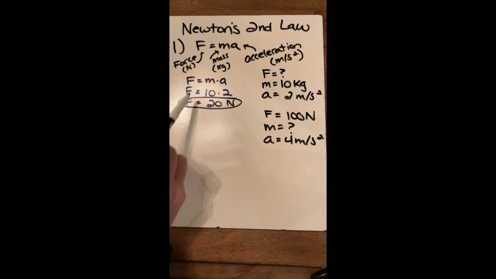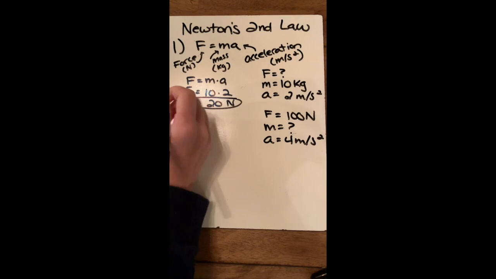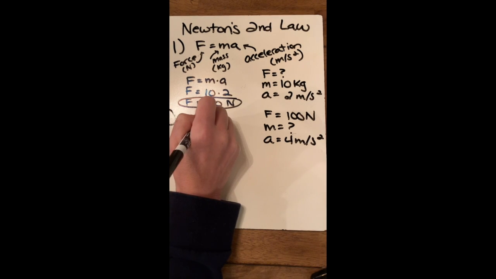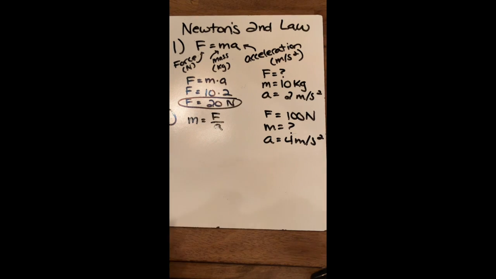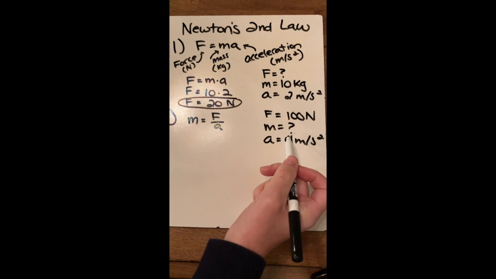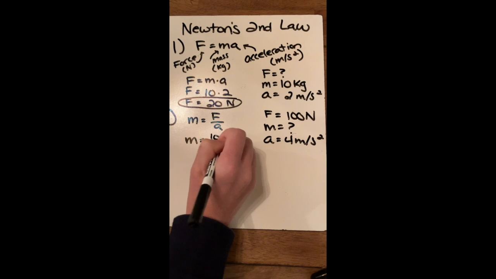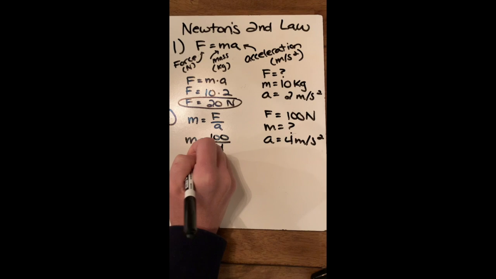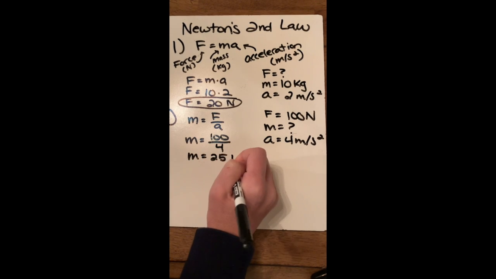In this case, it's not super easy to use the original formula, so we're going to rearrange that formula to make it mass equals force divided by acceleration. I'm trying to find the mass, so I leave that as m. The force is 100, divided by 4. I can do that in my head. Mass is 25 kilograms.